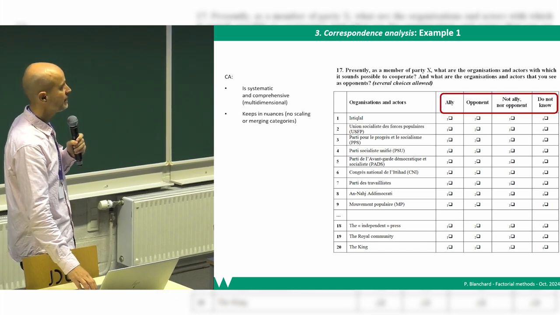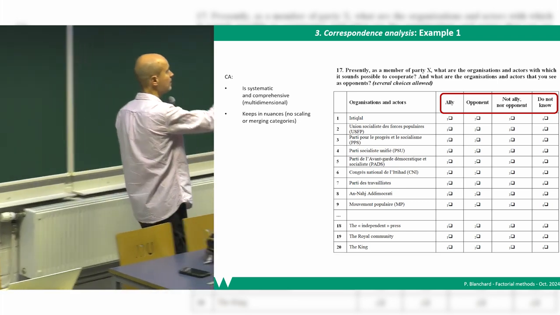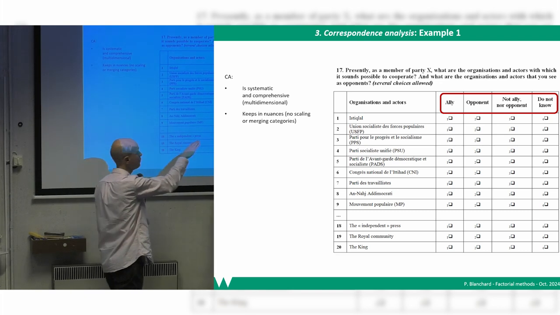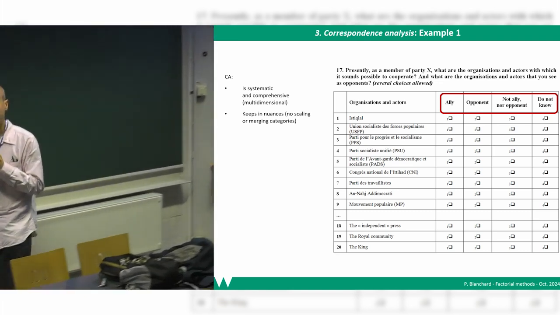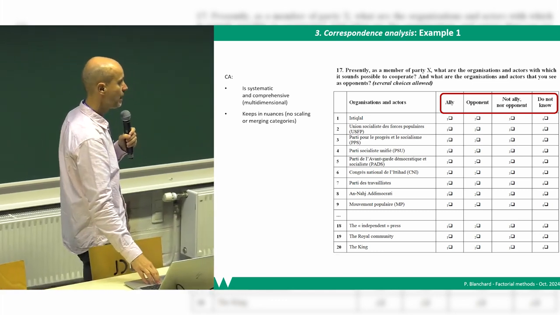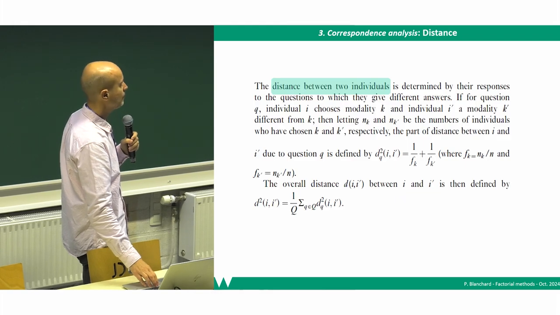And it keeps in the nuances in the sense we're not going to collapse columns 3 or 4 on 1 or 2. We're going to keep the 4 of them in the picture. So it's not binary. It's a 4 category. Each of those columns may mean something.